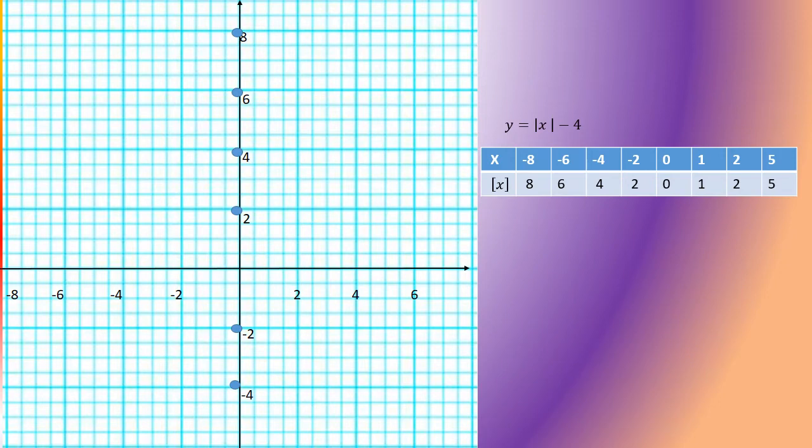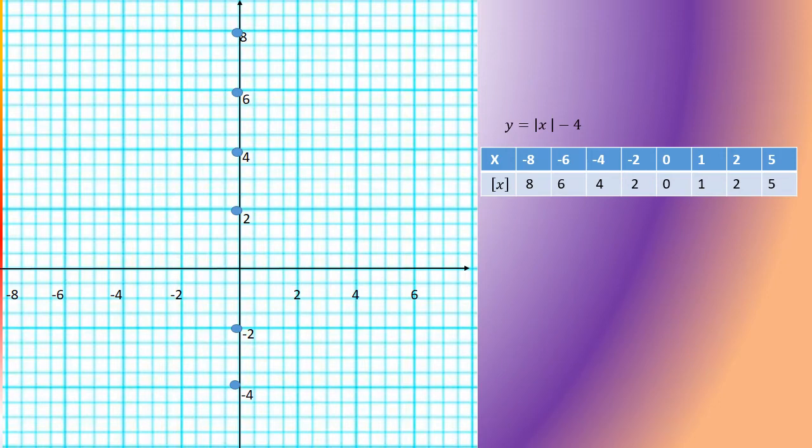Modulus means you remove the minus sign of the coordinates, so minus 8 becomes plus 8, minus 6 becomes plus 6, minus 4 is just 4, minus 2 is 2, and 0, 1, 2 and 5 would be the same since they are already positive. So the modulus values have no negative sign.